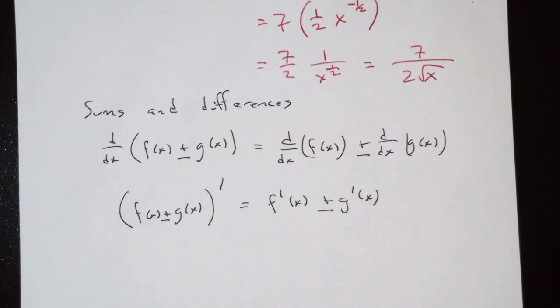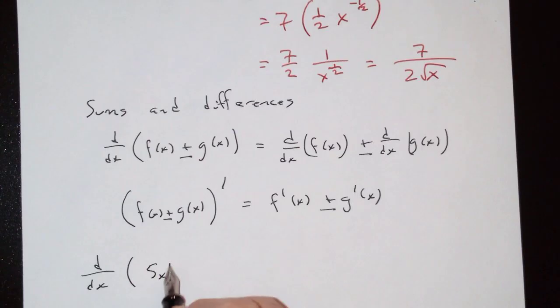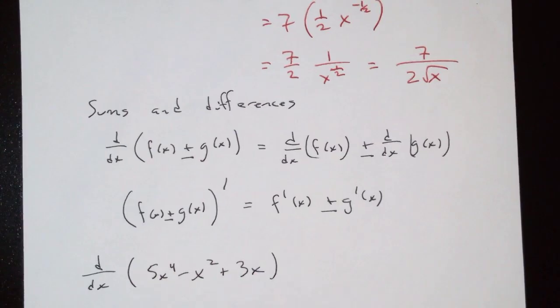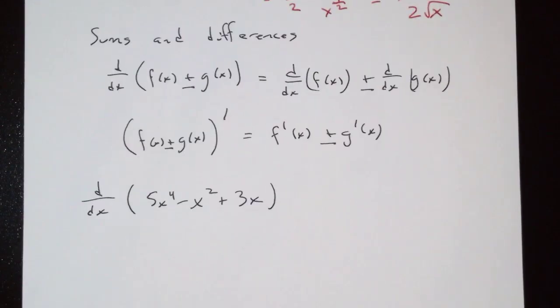Which means I could now ask you to do the derivative of this. And if I really want to be a pain in the neck, I can say, okay, well, we're going to break it up into pieces.